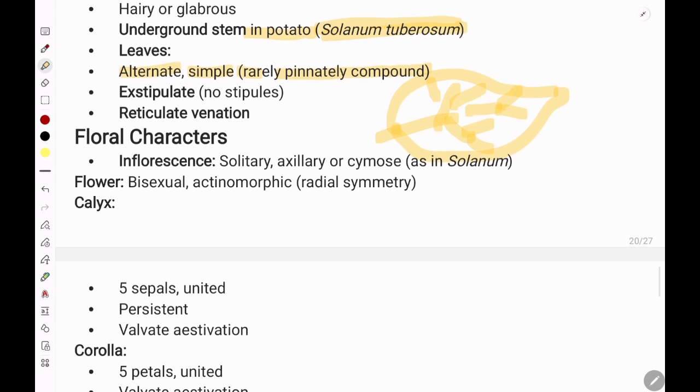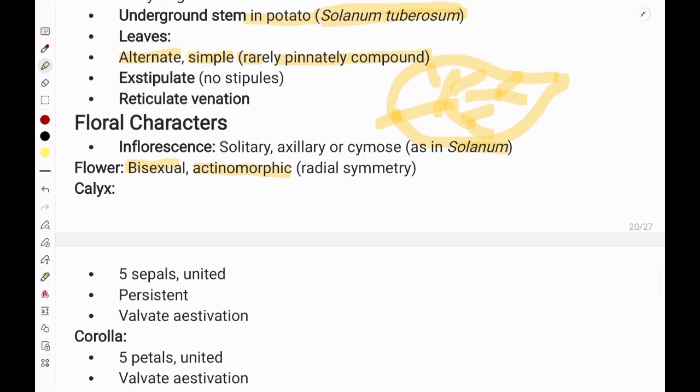If we talk about the flower, it is solitary, axillary or cymose, such as in Solanum. They are bisexual and actinomorphic. Actinomorphic means they can be divided into two equal parts from many planes.